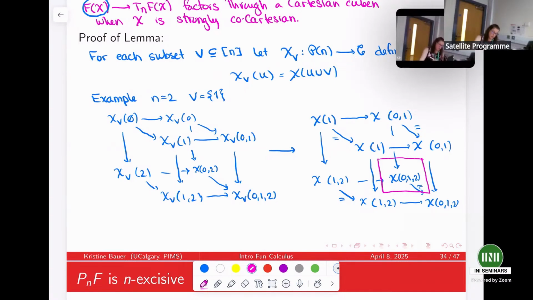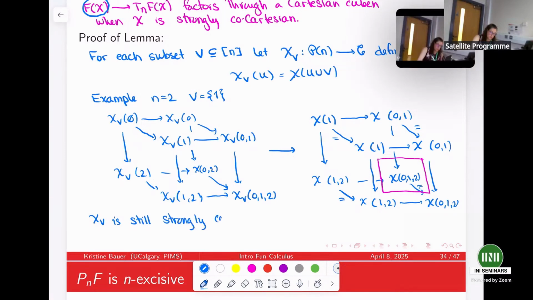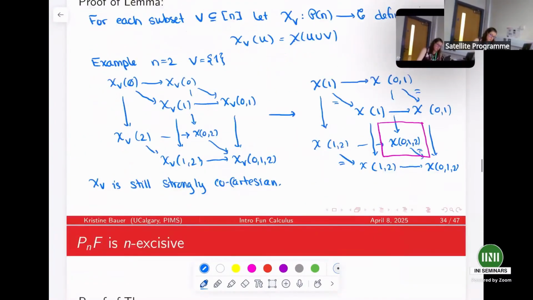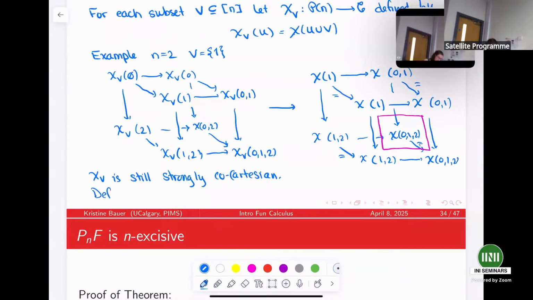Okay, so here's what I want to note. The resulting square has two equal faces. Chi v is still strongly co-Cartesian. As I said, it's super strongly co-Cartesian. And what I'm going to do is define y of v to be the homotopy limit.